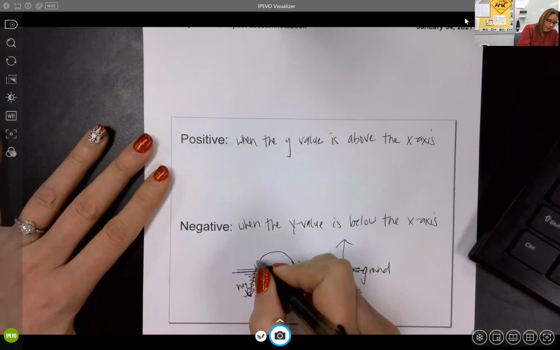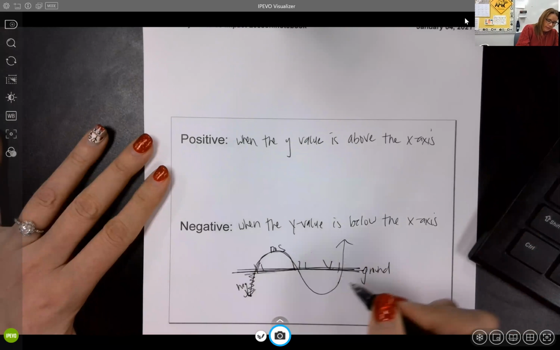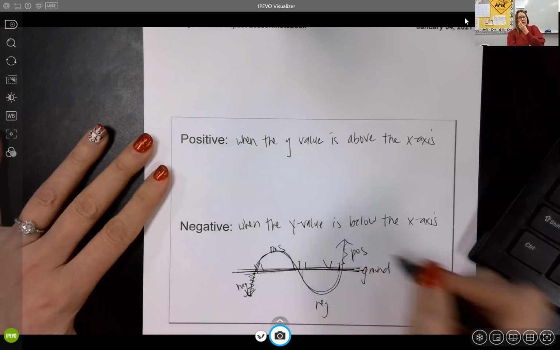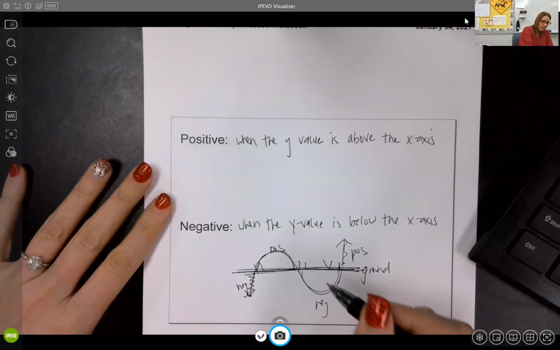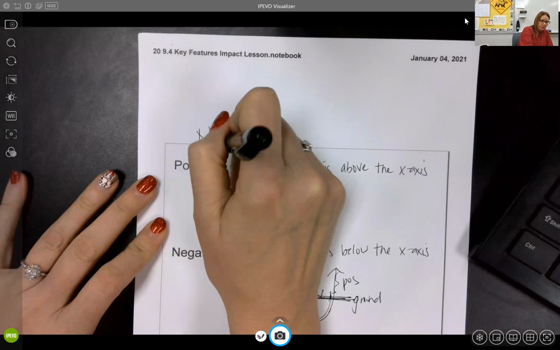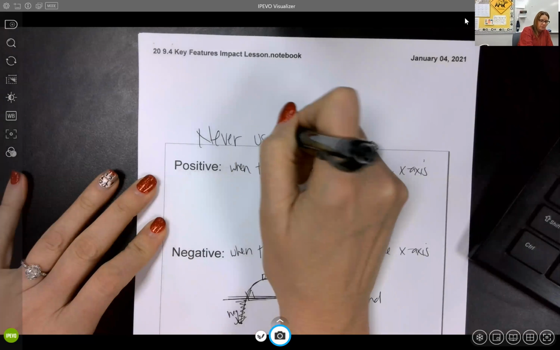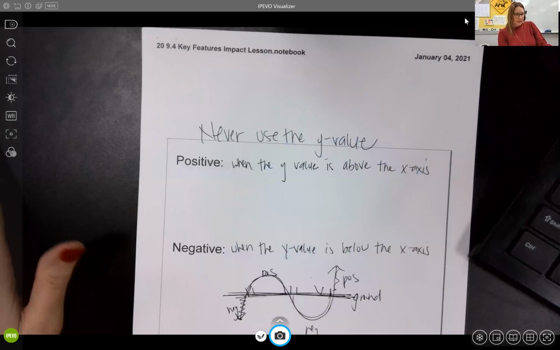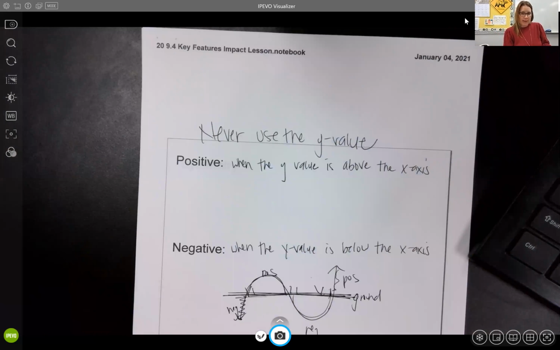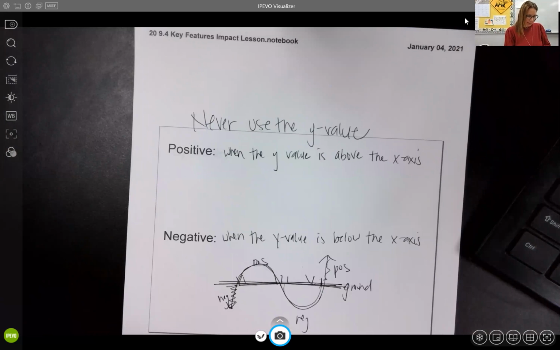This part's positive, negative, and then this part's positive again. So you want to look at it like above ground and below ground. Again, you never use the y value. We're using the x value to describe if the y is above or below the x-axis.